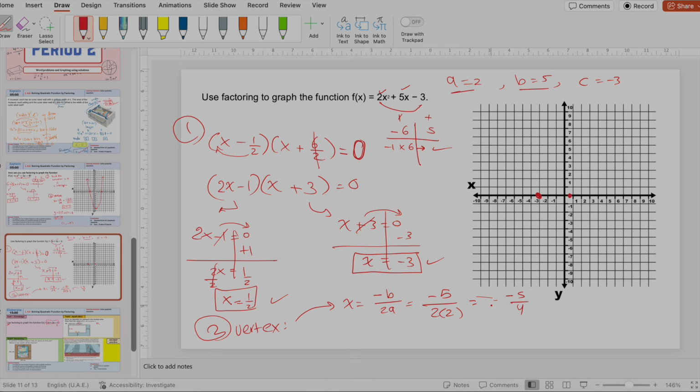I don't like decimals, which is going to be negative 1.25. This is my x of the vertex. To find the y of the vertex, just use the equation 2x squared plus 5x minus 3, but instead of x, substitute your x, which is negative 5 over 4, with a bracket.